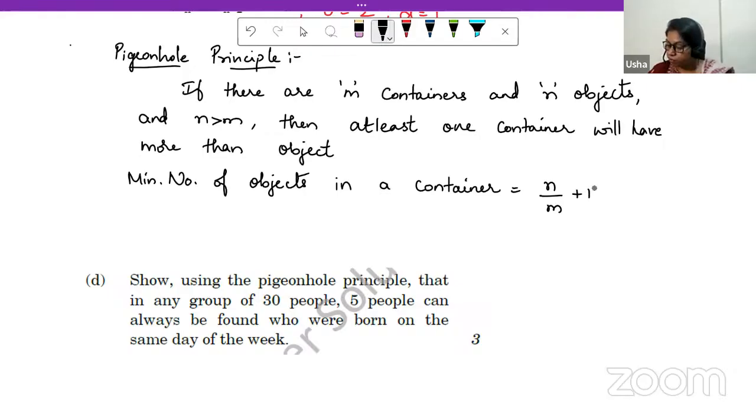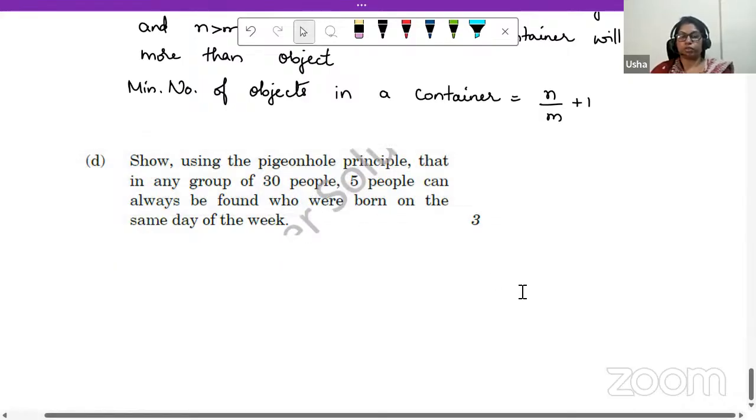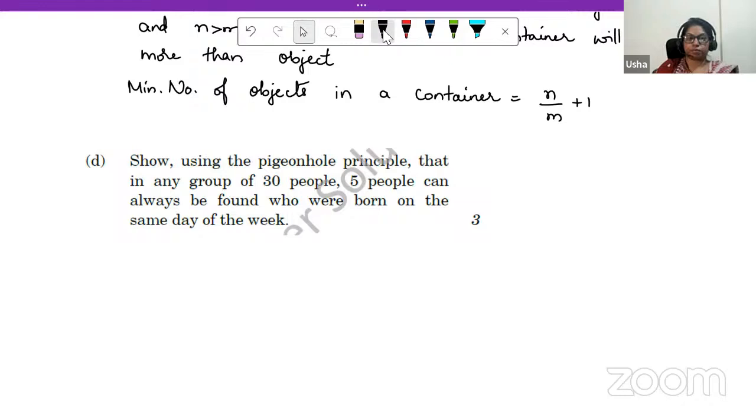This is a formula. Now here you have to show that the minimum number of people born on the same day of the week is 5. The answer is given; you are just supposed to use this formula and write it, that's it.